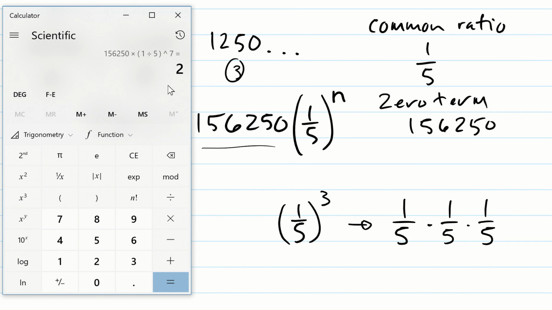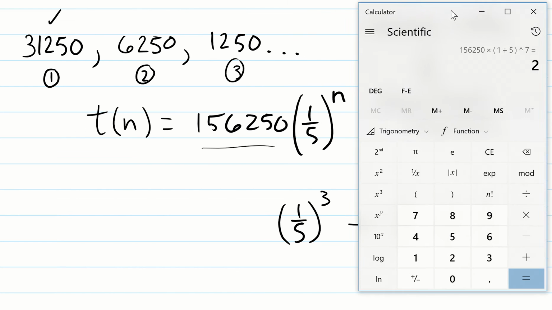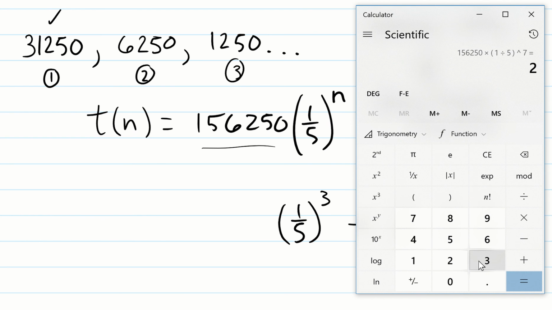I got the number 2. So that was me just plugging it in once. When I evaluate this function once, it gave me the exact value of 2. I can do this as a recursive sequence by taking the 0th term, 156,250, times 0.2.